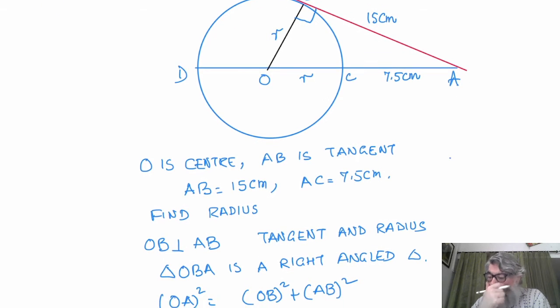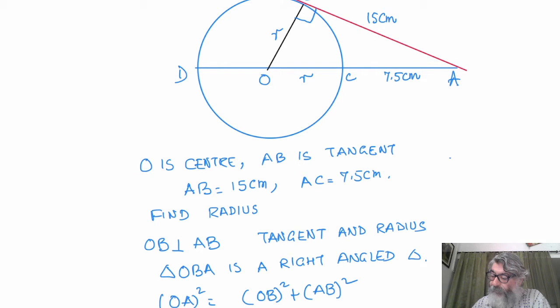OA is OC plus CA, so it will be (R plus 7.5) whole square. R is the radius and 7.5 was given. OB is R square. AB is how much?